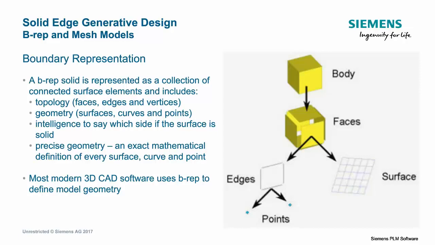It includes definitions of the topology, faces, edges, and vertices, and geometry, surfaces, curves, and points, with some additional intelligence to say which side of the surface is a solid. Most modern 3D CAD software today uses BREP to define the geometry of your CAD models.